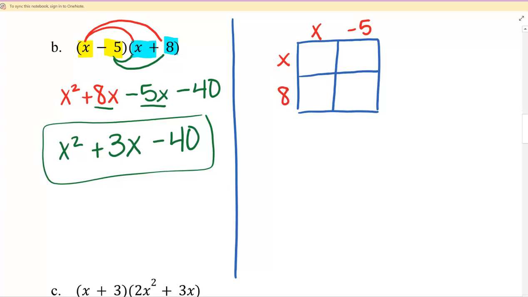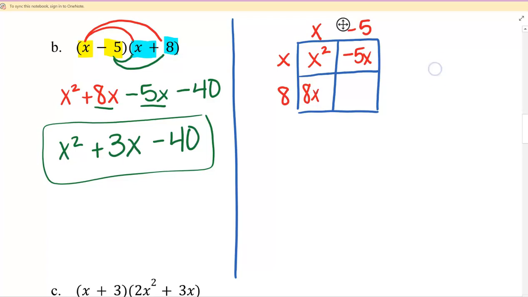And then I'm just going to multiply each box. So in this first box, I'm going to do x times x, which is x squared. And then next to it, I have x times negative 5, which is negative 5x. Okay, and then we have 8 times x, which is 8x.